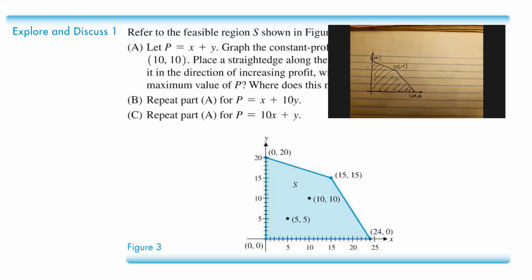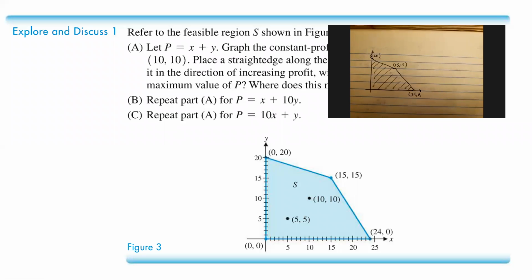And hold on a second, I'm going to get another colored marker. Okay, sorry about that. I paused the recording and I got colors now. So let's just say P equals X plus 10Y. Okay, that's our green line. So let's just rewrite this in Y equals MX plus B form, okay?